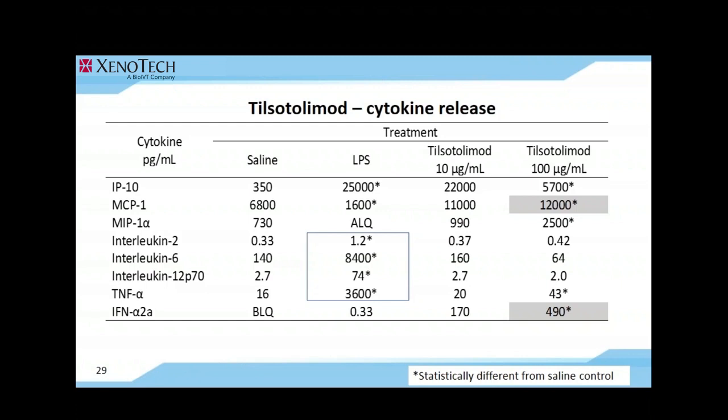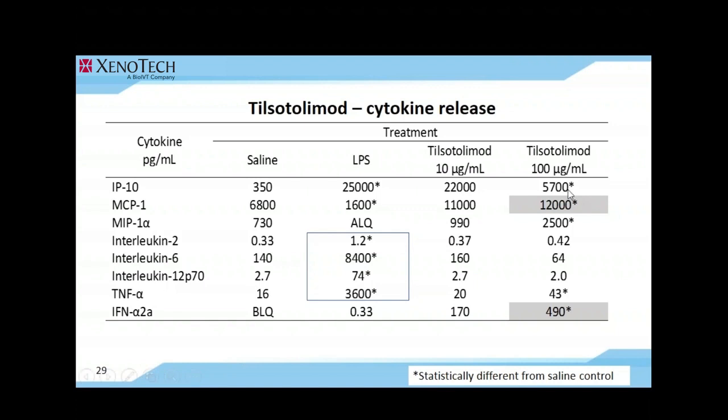Activation of toll-like receptors 4 and 9 resulted in different profiles of cytokine release, specifically higher levels of interleukin-2, interleukin-6, interleukin-12, and tumor necrosis factor alpha were found in LPS plasma.